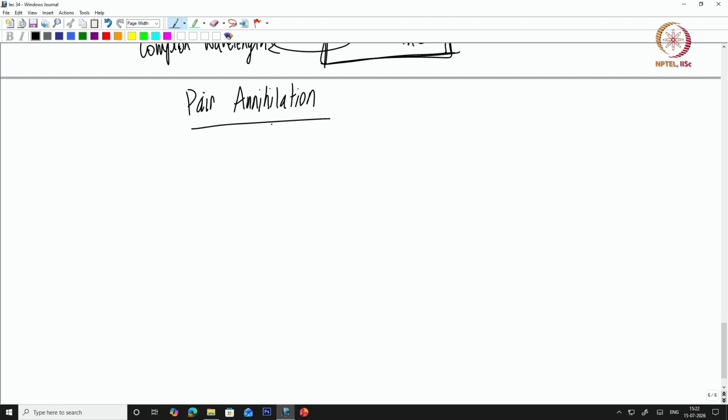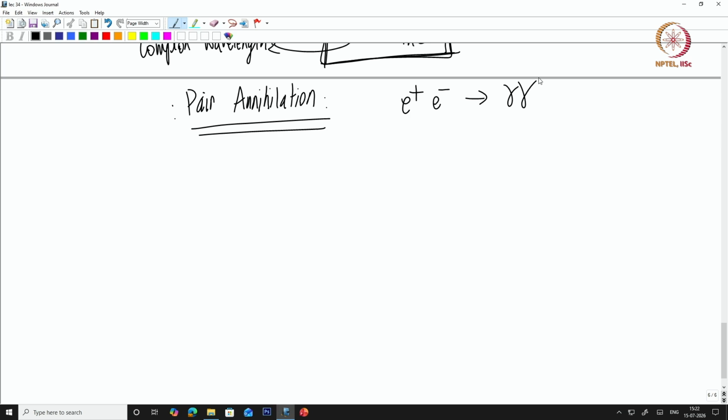Now let's look at another important thing, which happens only in the relativistic case. This is pair annihilation. A positron and electron come together and annihilate into 2 photons. So how does this work? It works by 2 processes essentially.